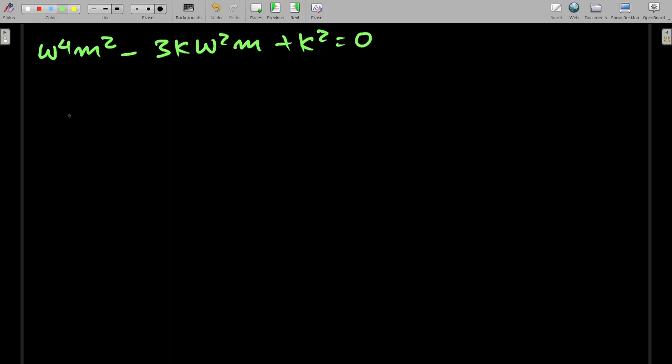So here our challenge is to find the value of omega. This is a quadratic equation, so we will calculate the value of omega square, that is, the roots of this equation.